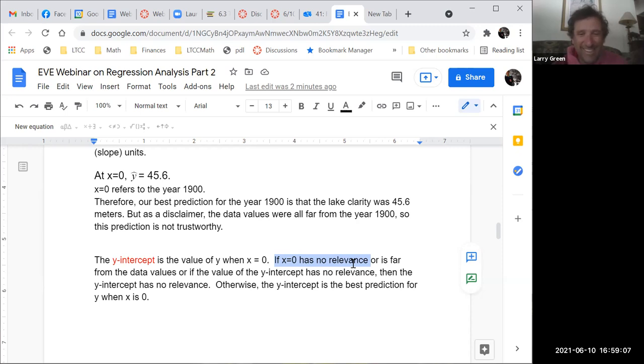So a lot of times x equals 0 doesn't really have any relevance to the study. X equals 0 is just silly because no one's thinking about how many classes you have left when you're being born. Is that clear?